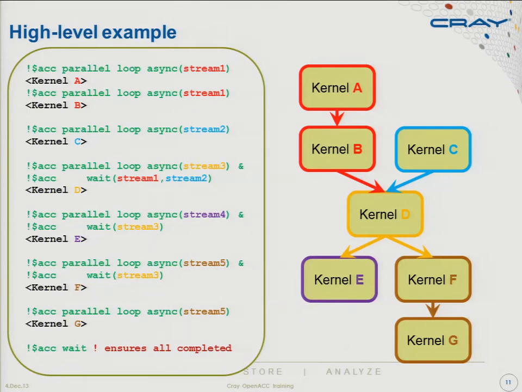The programming model lets you put this dependency tree in. It might decide to do A, then B, then C, then D, then E, then F, then G. And that would respect that dependency tree, but it hasn't taken advantage of any potential overlap between these streams here.